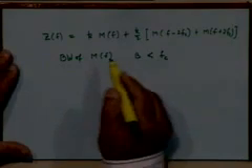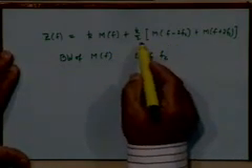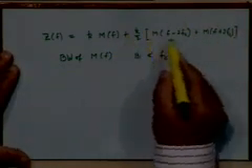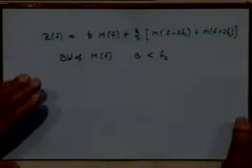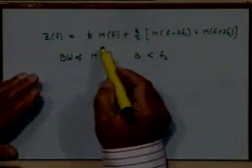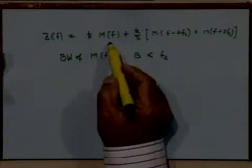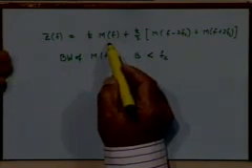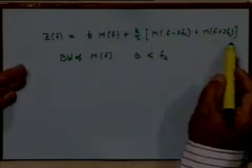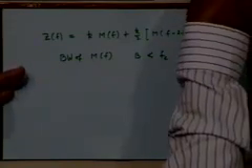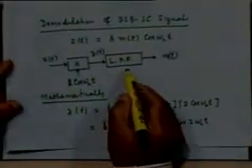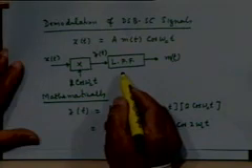So these are non-overlapping spectra. This portion of the spectrum is in a much higher frequency band, well removed from the spectral support of M of f. And therefore it will be very easy to separate this out by just putting a low pass filter. So this low pass filter should have a bandwidth of how much?